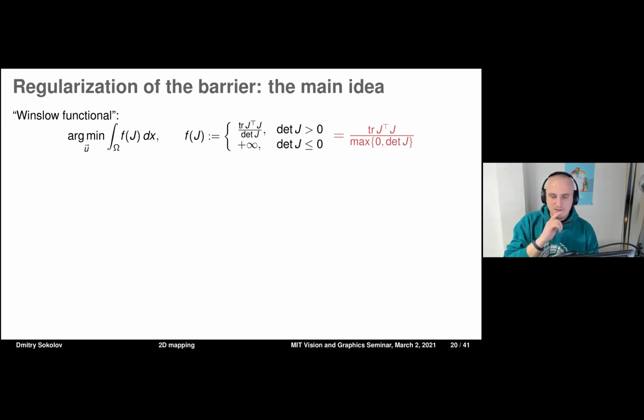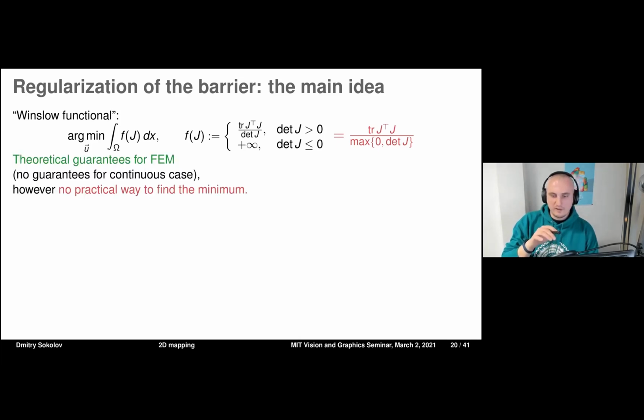It will help us in a few seconds. This functional is well behaved for finite element methods, but we do not have any practical way to find the minimum if an initialization with positive Jacobian is not available. So here is the wake-up call.